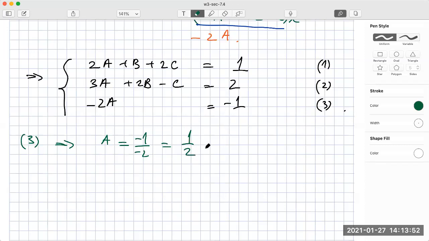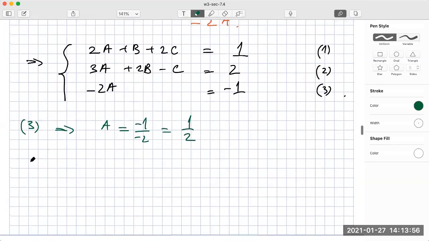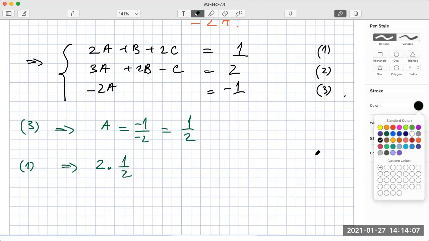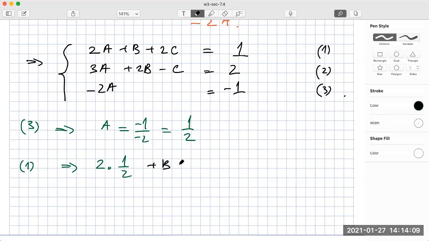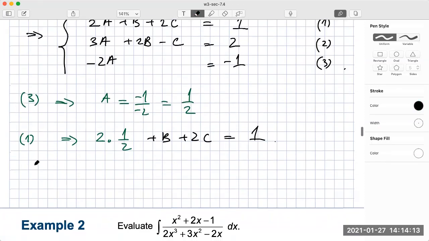If we know a, then equations 1 and 2 become: equation 1 becomes 2 times 1/2 plus b plus 2c is equal to 1, right?